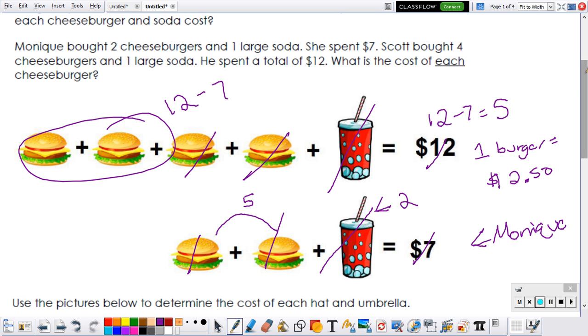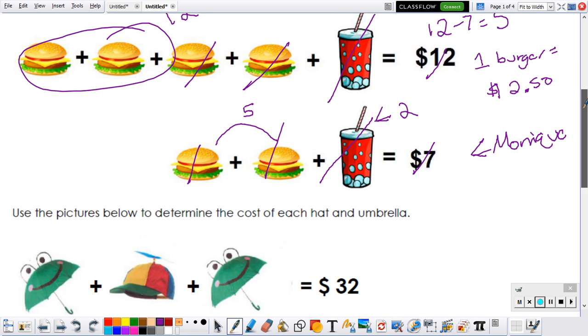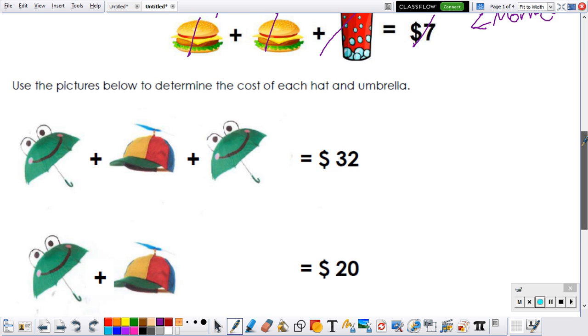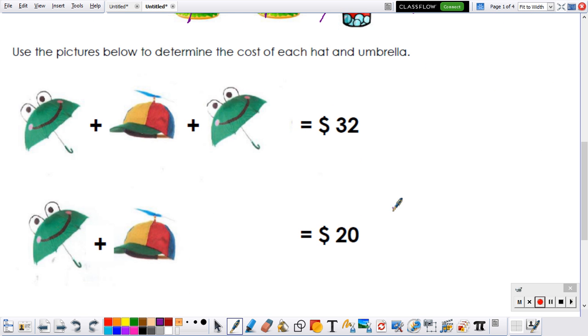So let's take a look at the next picture example. It says use the pictures below to determine the cost of each hat and umbrella. So we see the first one is umbrella plus hat plus umbrella is $32, and the second one is umbrella plus hat is $20. So we know that 1 umbrella and 1 hat is $20.